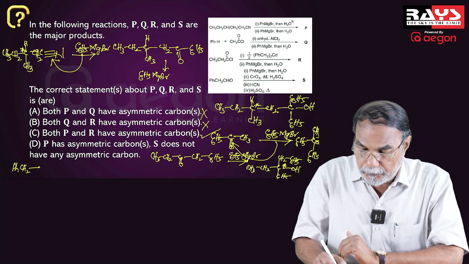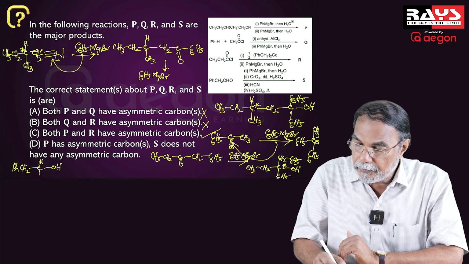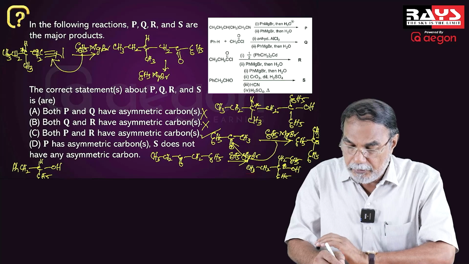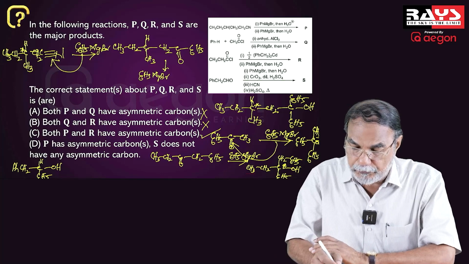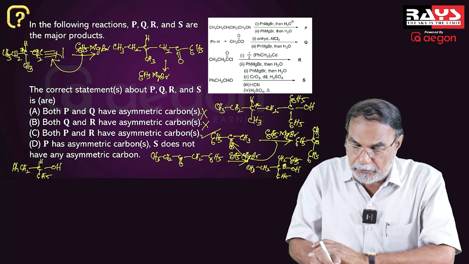PH, CH2, CH, OH, C6H5. Grignard addition to the carbonyl group, to the aldehyde group, followed by hydrolysis will give the secondary alcohol C6H5CH2, CH, C6H5OH.